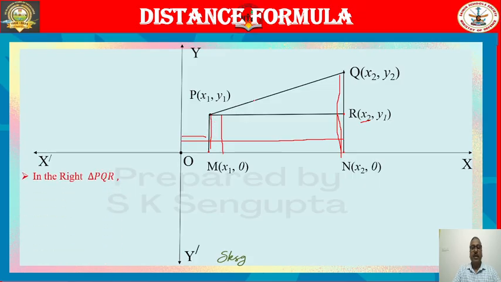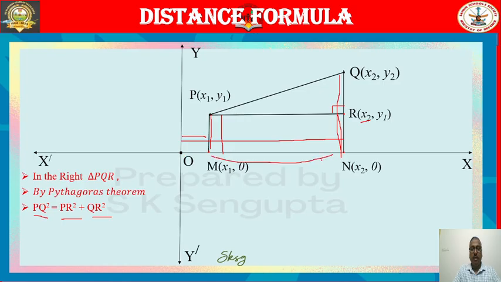Now PQR is a right angle triangle. From this figure, this is our 90-degree angle, since we have drawn a perpendicular. By Pythagoras theorem, PQ square equals PR square plus QR square. Now PR equals MN, which can be written ON minus OM.